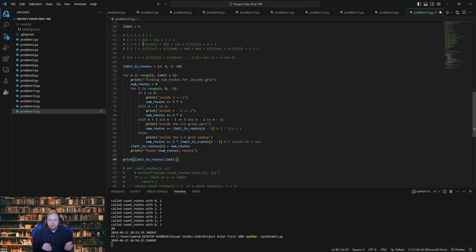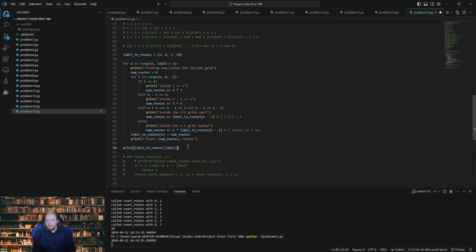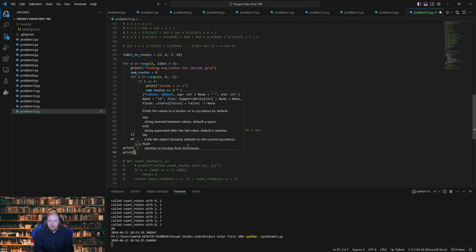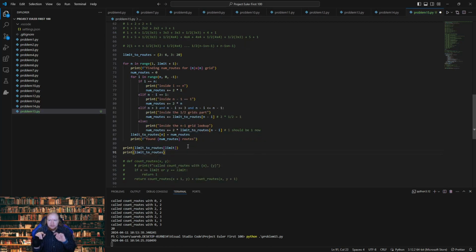We don't actually know the correct answer for 5, and I personally, at least, have not done the math for the correct answer to 4 either. But I just want to see this work. And I'm also going to print our limit to roots list, or dictionary, entirely.